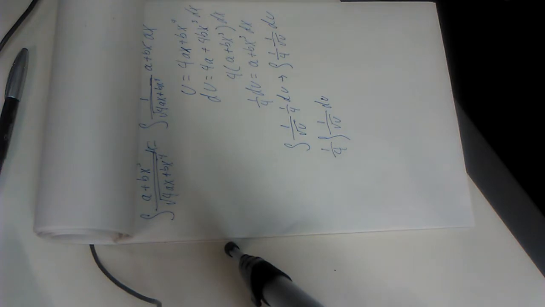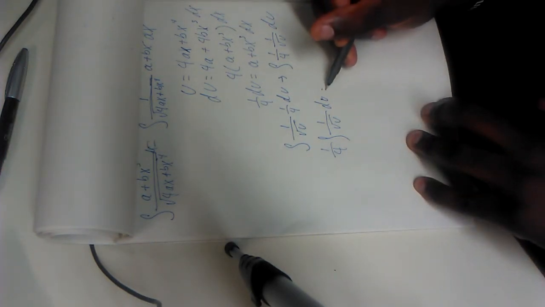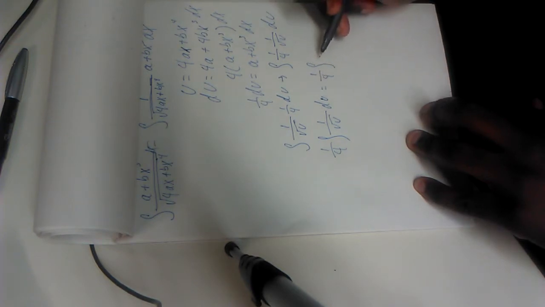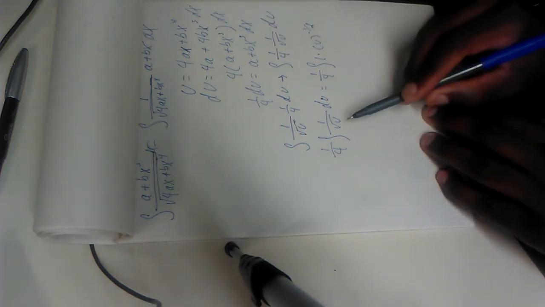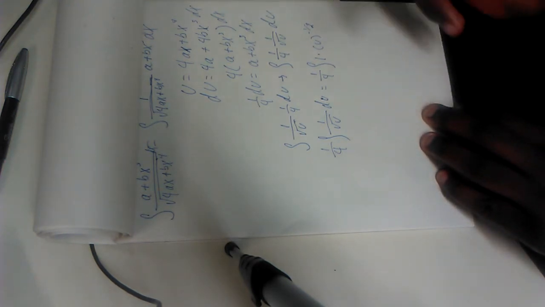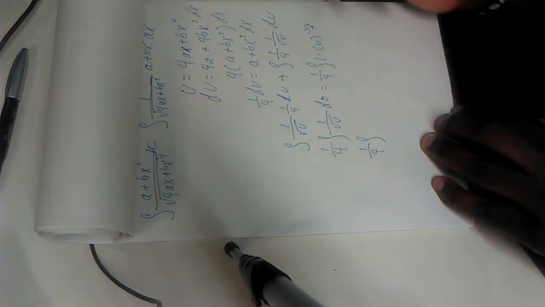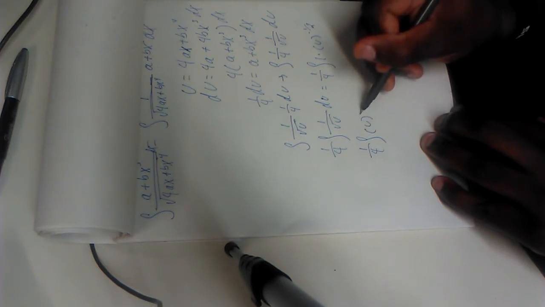Now let's further simplify this 1 over radical u. So 1 times u to the negative 1/2 is equivalent to this, and it's the same as u to the negative 1/2.